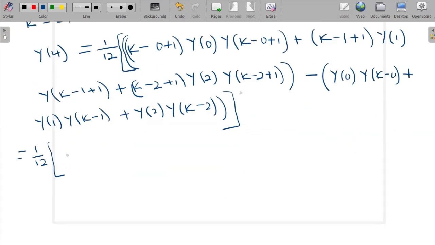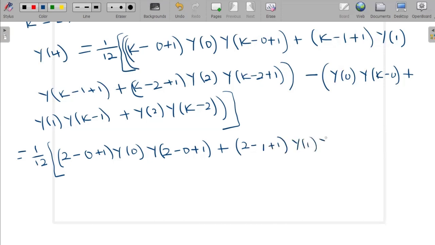So introducing the value of k, this time our k is 2: 0 plus 1, y of 0, y of 2 minus 0 plus 1, plus 2 minus 1 plus 1, y of 1, y of 2 minus 1 plus 1, plus 2 minus 2 plus 1, y of 2, y of 2 minus 2 plus 1. Then the second nonlinear term.